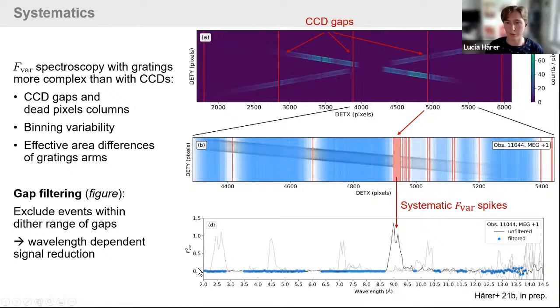As you can see down here, this worked quite well, excluding this huge spike from the CCD gap and also the smaller spikes. As a consequence, the sensitivity is reduced in specific regions by quite a large factor, because we basically have to cut out this region for a specific gratings arm.